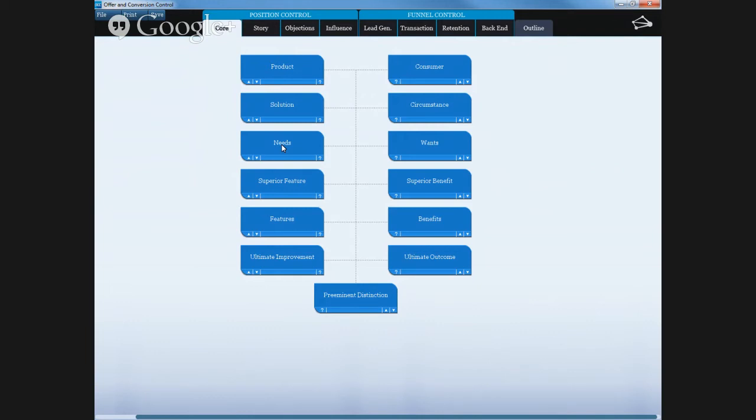But I want to expand the definition of preeminent distinction a little bit and explain that it can come from any of your core elements. In thinking through what your preeminent distinction may be, it may be your superior feature. It may be what the ultimate improvement provides. It may be that the solution is so unique that the solution in and of itself is something a patent would potentially protect, providing a preeminent distinction.